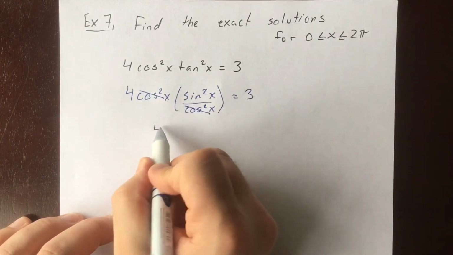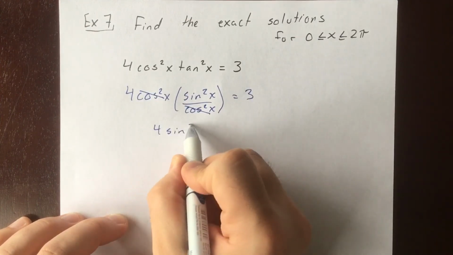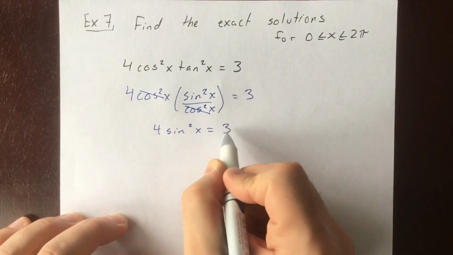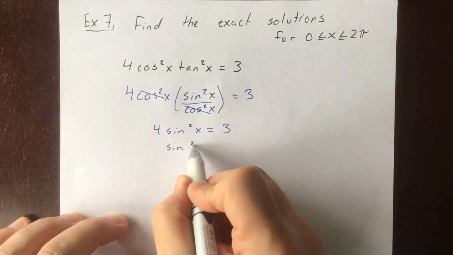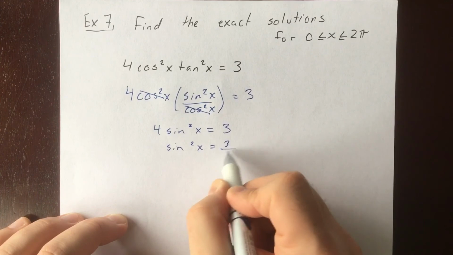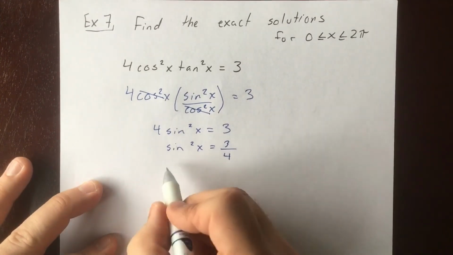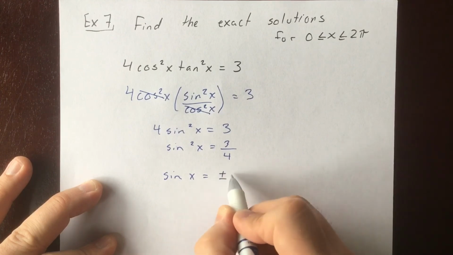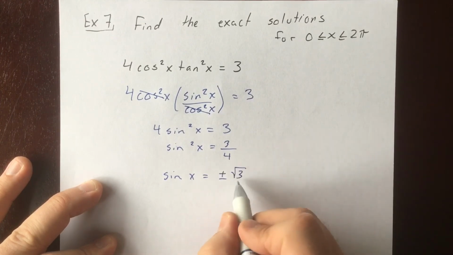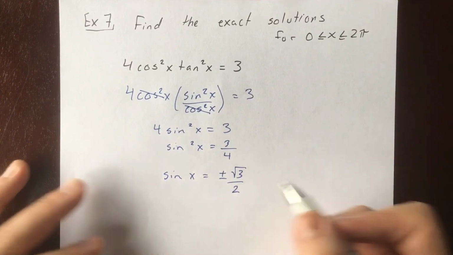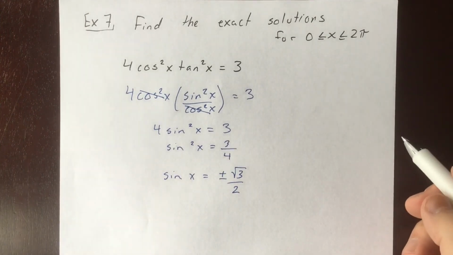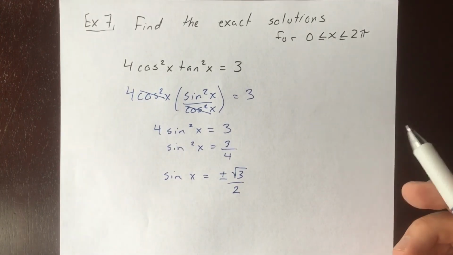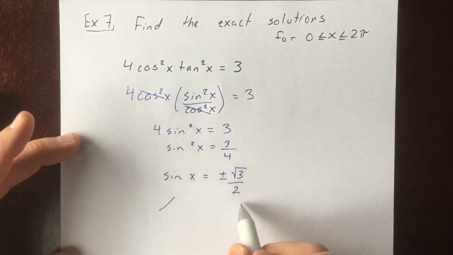So, 4 sine squared of x equals 3, dividing by 4. Square rooting. So the square root of 4 is just 2. All right. And, well, we can split this up if you want to.